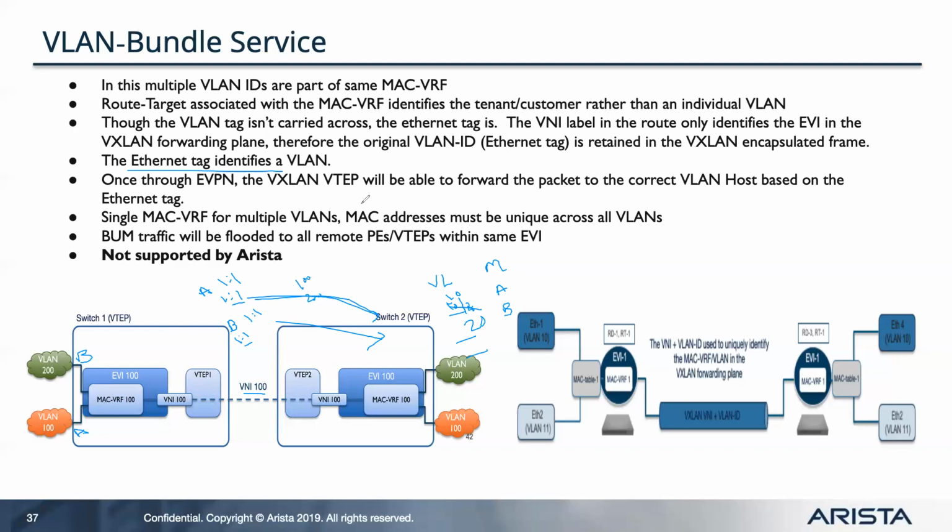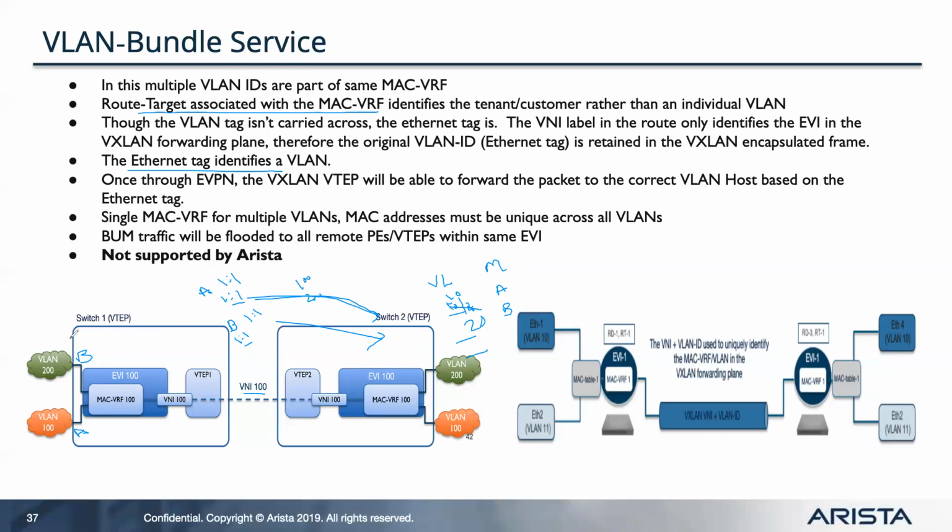Okay, so basically multiple VLANs are part of same MAC VRF, right? Same MAC VRF, same RD/RT. So because of that, route target associated with MAC VRF identifies the customer.